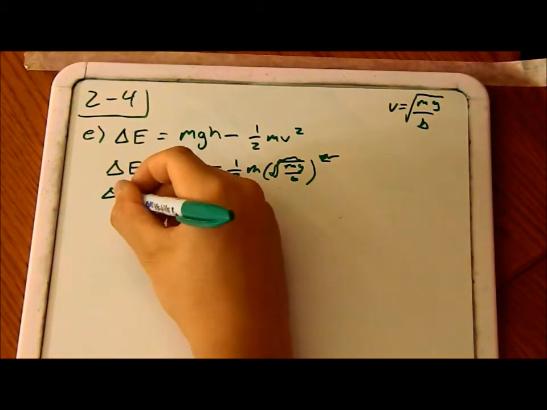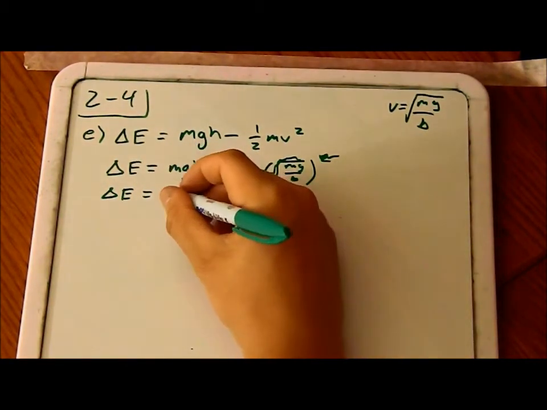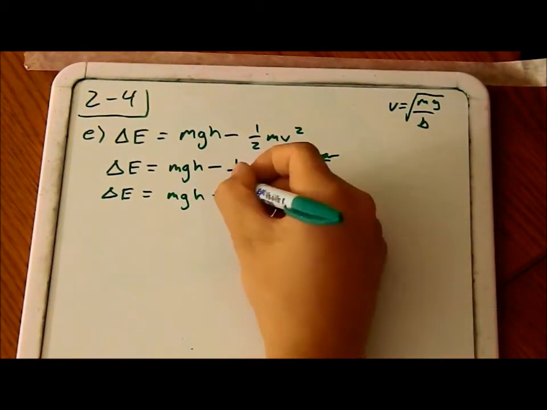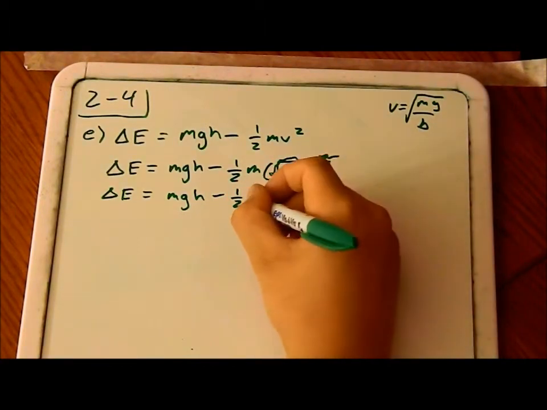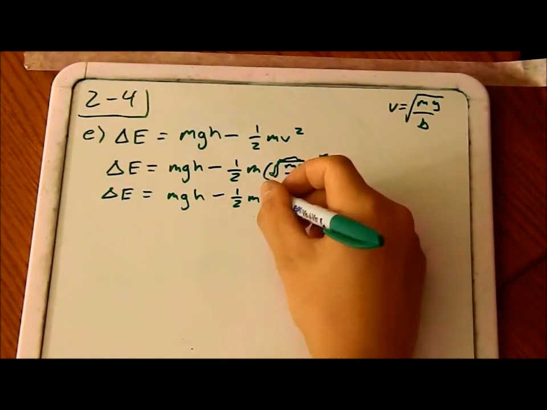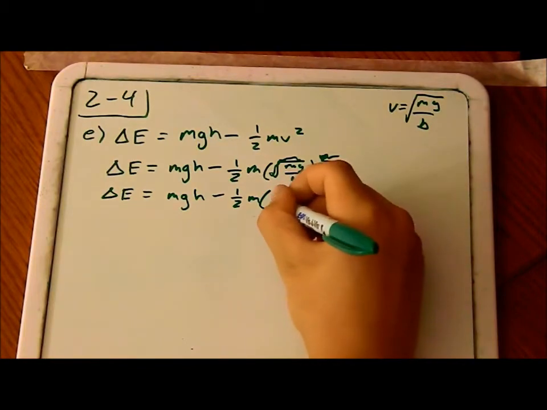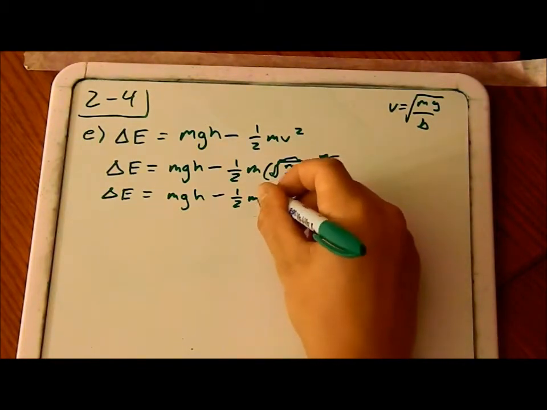So then we have E equals mgh minus 1/2 m mg over b.